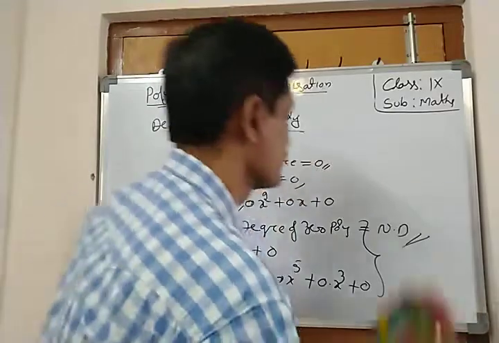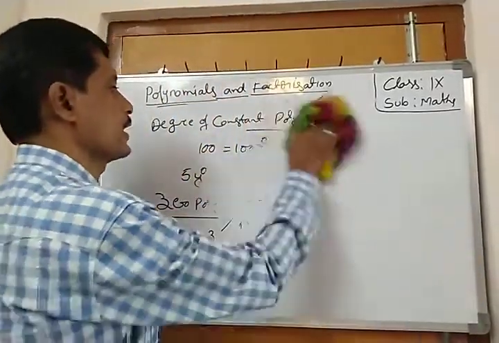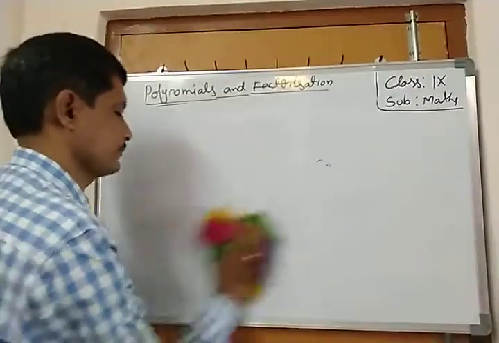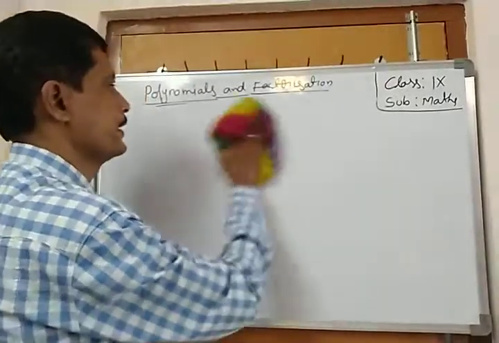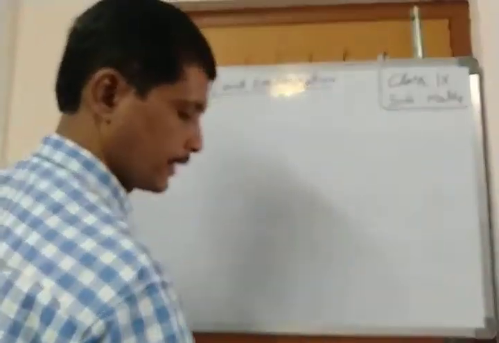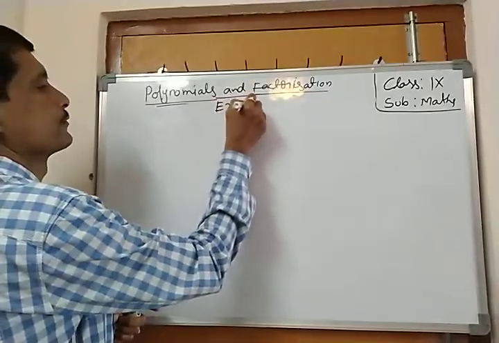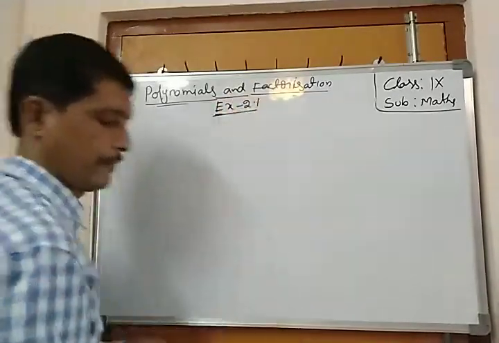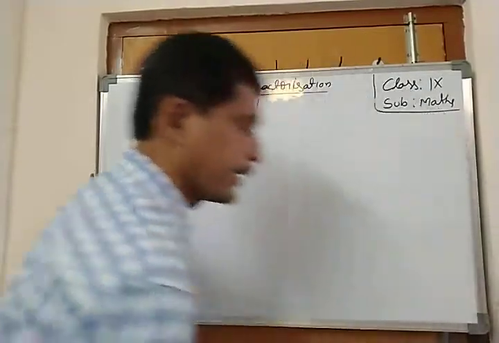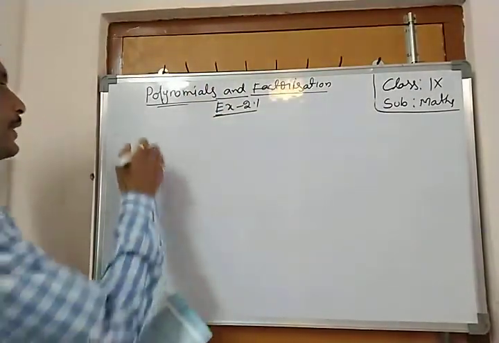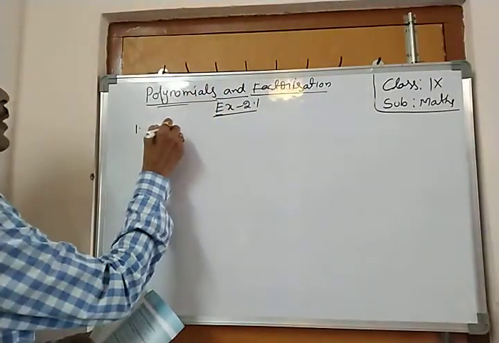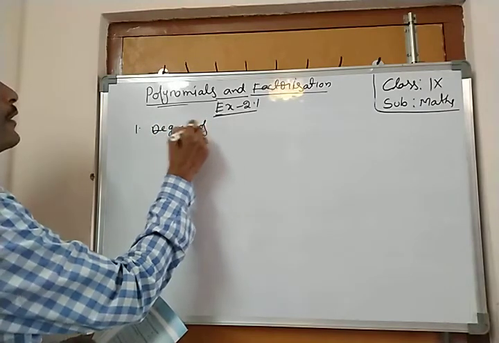Okay, understood? Yeah, next one, let us start the exercise now. That is a very easy exercise, exercise 2.1. Write the degree of the polynomial.